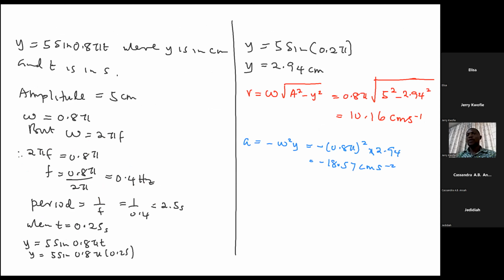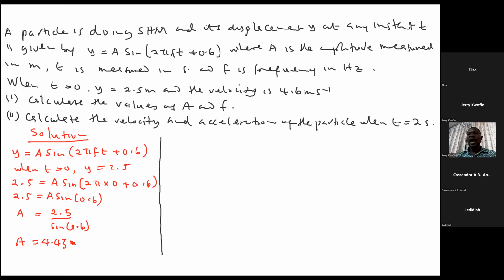We can even find one here. You will see that in working out the velocity, we need omega root of a square minus y square. Can you see it? That is the relation which has velocity and other quantities in it. So we are going to go for that.